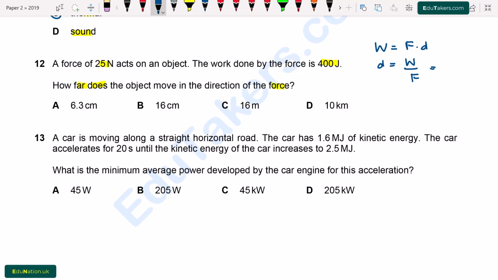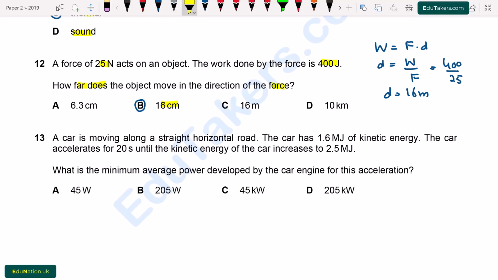Work is given, which is 400 joule, divided by force is 25. So the distance will be equal to 16 meters. Now we see the option. Option A, 6.3 centimeter, B, 16 centimeters. So option B is correct.